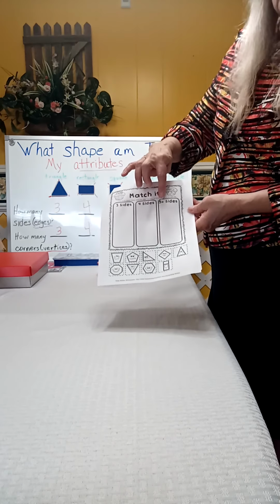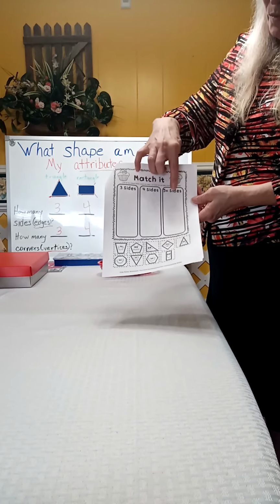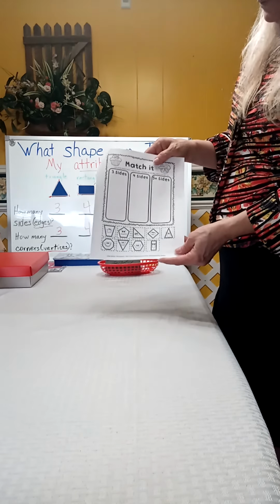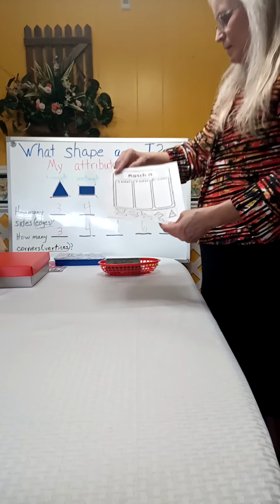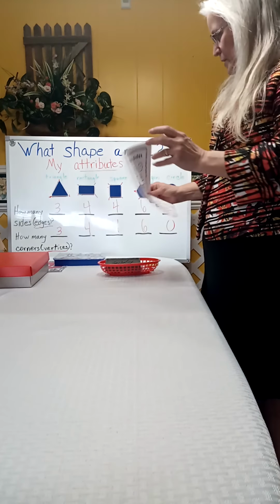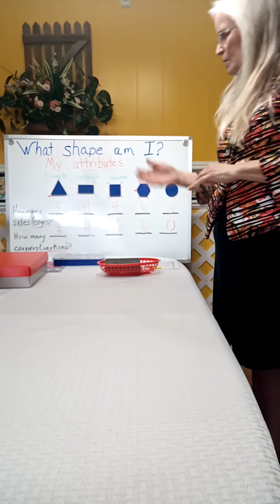Yes, it does. What if it's 8? Yes, it does. Okay, 5 or more go here. And you use your glue stick. No wet glue. Okay? And I will go around and I will check on you as you do your work. You may talk with your table group and get help and discuss it. And those are our shapes.